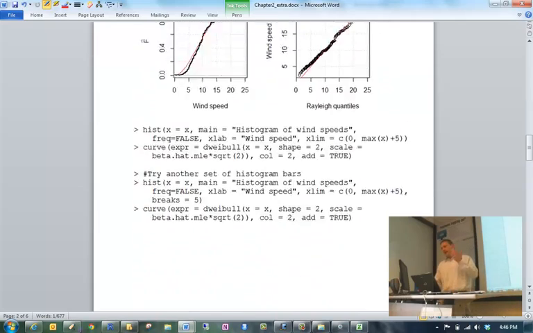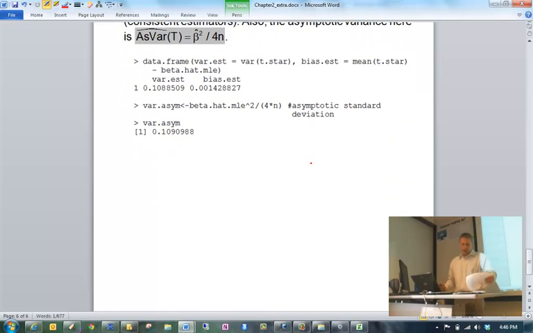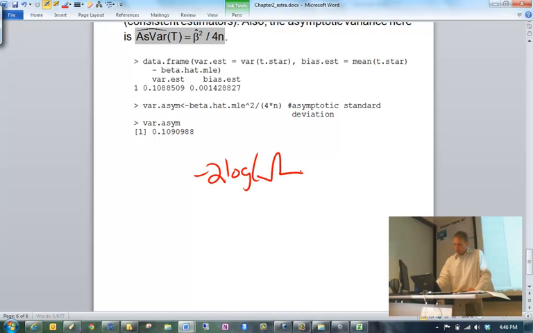But let's talk about a little bit more complicated example. We'll talk about this number 4 later. Let's say we were interested in this statistic instead for T. What would you use this statistic for? Does it look familiar? Likelihood ratio test.